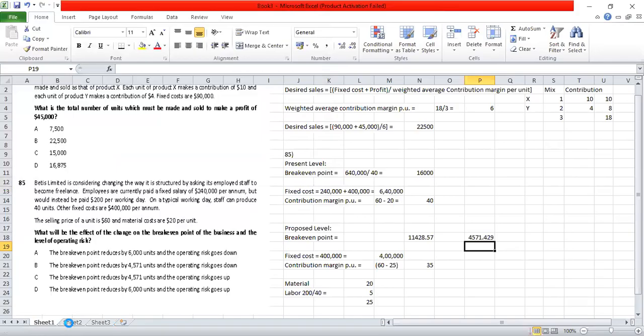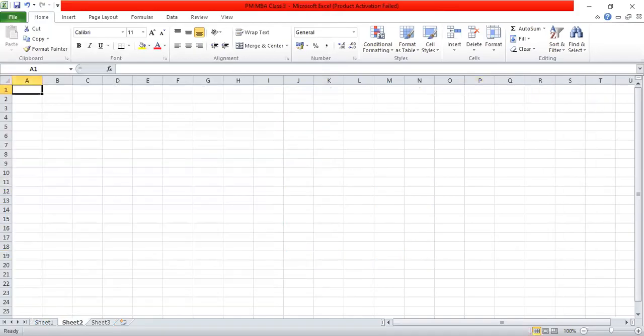Okay. We'll continue with the other questions. Question 86 says that P company makes two products, P1 and P2. Budgeted details of which are as follows. There are certain details which are given to us, and then the budgeted production.